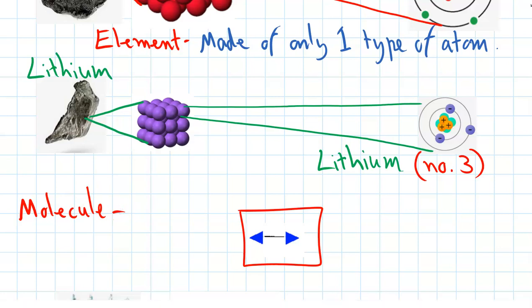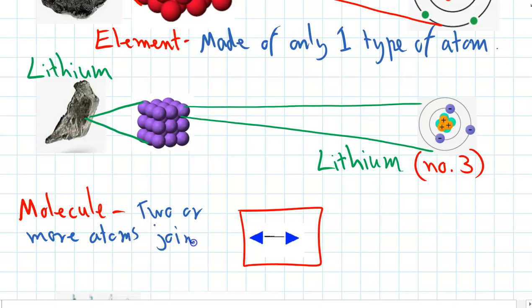So molecules are just 2 or more atoms joined together. And the proper name for joining together atoms is bonding. So we say that the atoms are bonded together in a chemical bond.